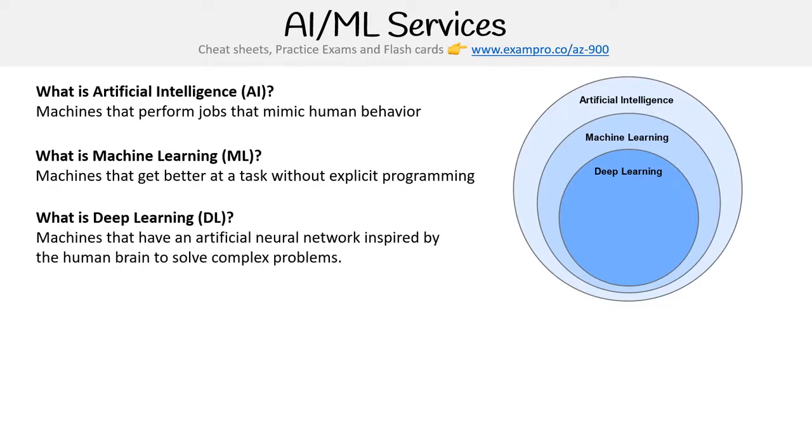Then you have deep learning. And so deep learning is where machines have an artificial neural network inspired by the human brain to solve complex problems. So literally it's like the power of the human brain, maybe not as great as the human brain, but quite close there. And AI could be leveraging ML and deep learning. And so that's why it is like that.